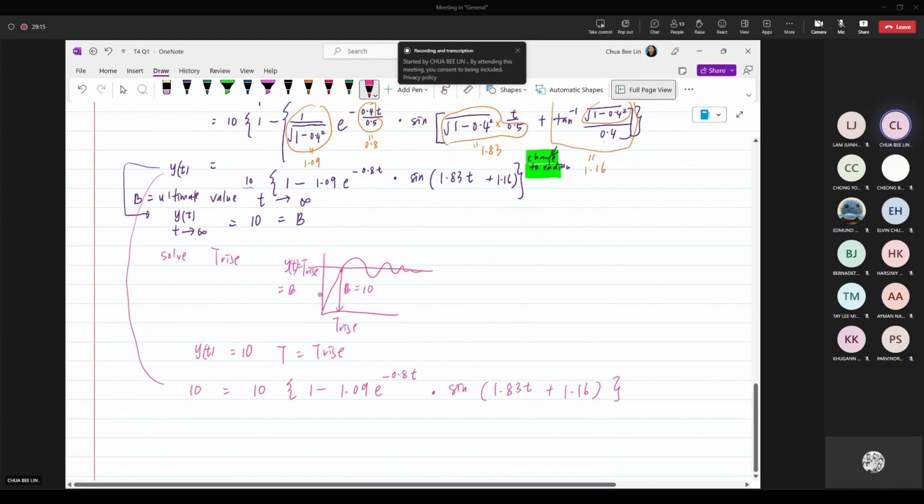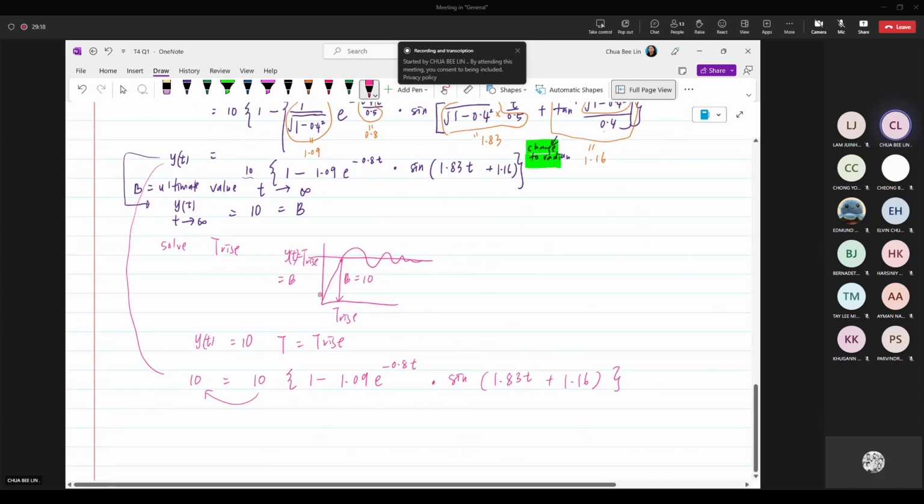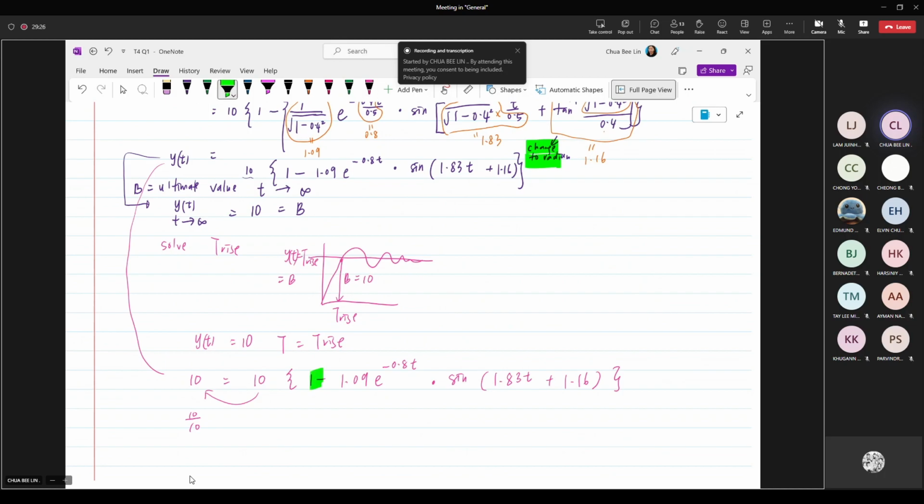So this one moved to here will be 10 over 10. Then this 1 minus will be moved to the front, also 1 minus, left with 1.09 e negative 0.8 t multiplied with sine 1.83 t plus 1.16. This will give you 1 minus 1, which will give you 0, equivalent to all this.